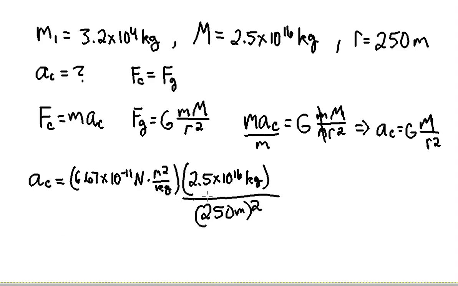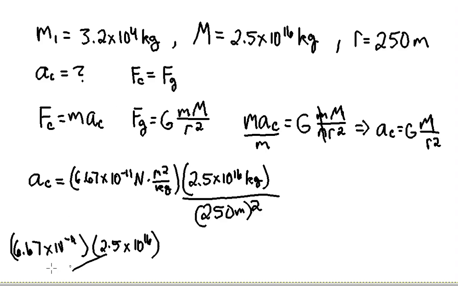All right, so let's work with our arithmetic. 6.67 times 10 to the negative 11 multiplied by 2.5 times 10 to the 16. We're only going to worry about our coefficients here out front. So 6.67 times 2.5, and then we multiply that by 10 to the negative 11 plus 16.